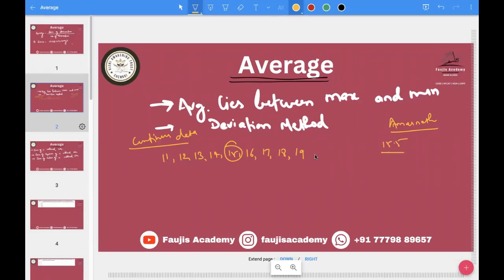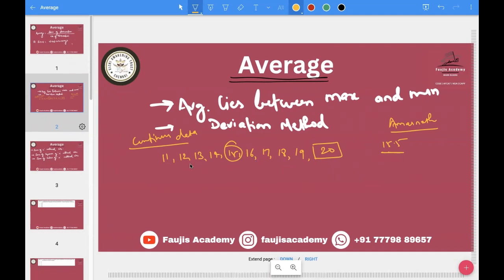If you look closely over here, we have taken only 9 data, not 10 data. Right now, we are not dealing with 20. Amarnath, the thing is that you might have missed that. I suppose you forgot to take into account that we are not considering 20 over here. We are only considering 11 to 19.